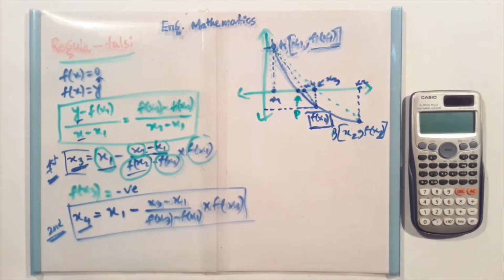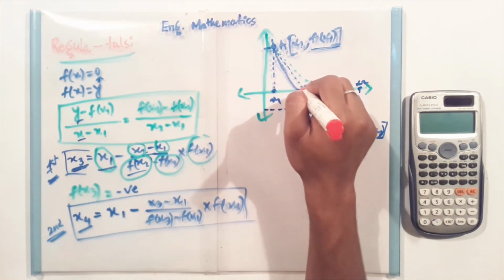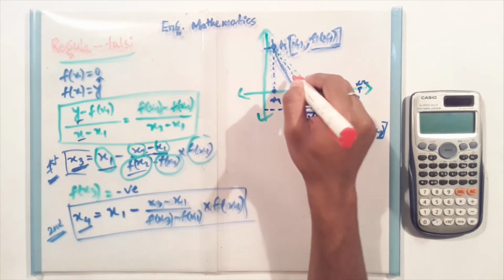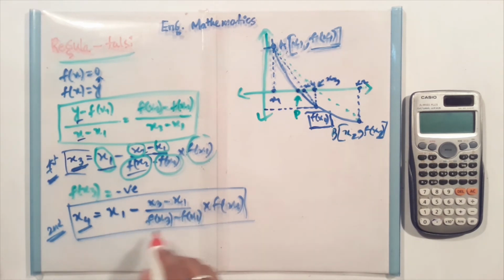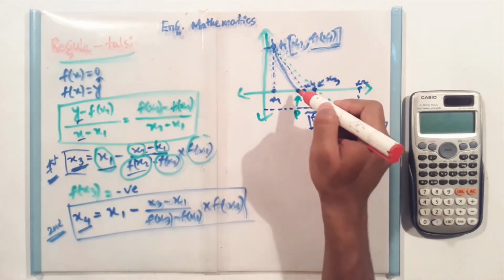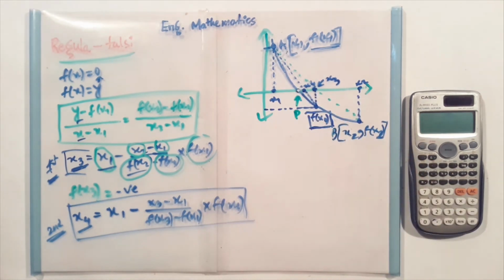In this way we will proceed further, making more chords. The value that we find from this equation will be very much nearer to our root. By making more iterations, we can get a more accurate value.